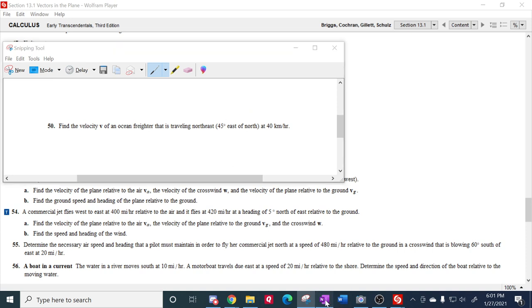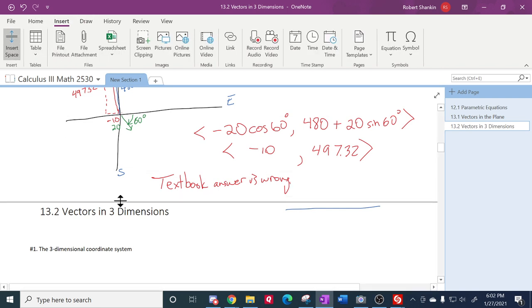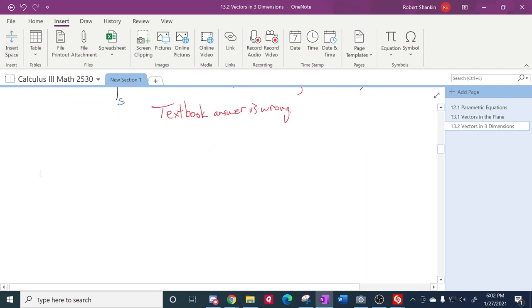Okay, so what's the nature of this question? Let me get a little more space here. I had to look at 51 in the back of the book in order to figure out what they were really after. Okay, so let me process this myself.